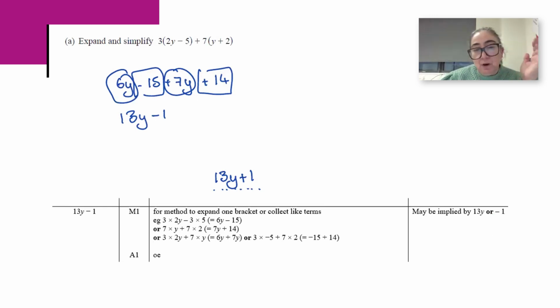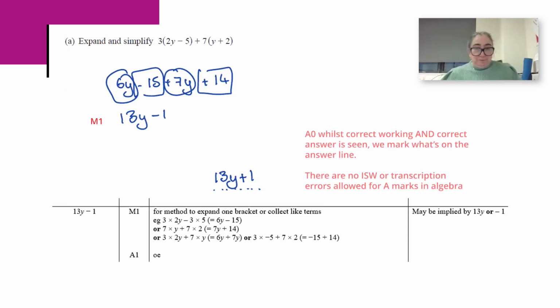But then on the answer line they put 13y plus 1. So they got M1 for that. So the accuracy mark is not awarded at this point, because we don't award, and this isn't written down, it's part of the training that was delivered.